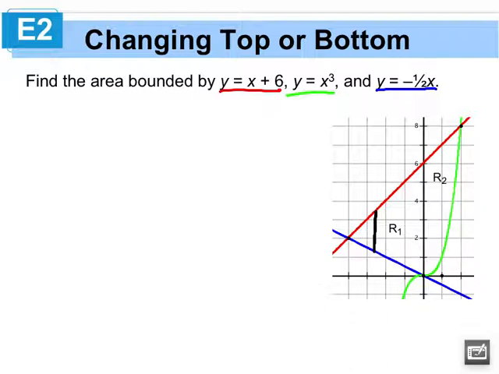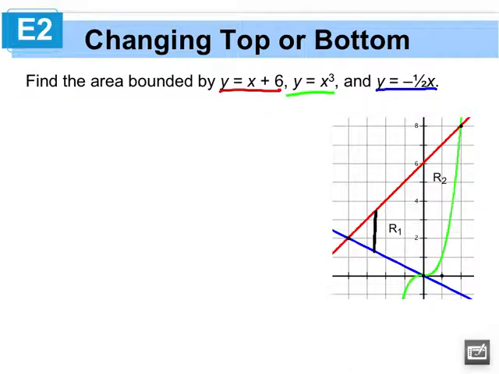All right, you with me? Anytime the top or bottom changes, you need to generate a new integral. So we'll start with the R1 first. How wide is that representative rectangle? dx. How tall is it, Ella? I need a general expression for how big that rectangle is.